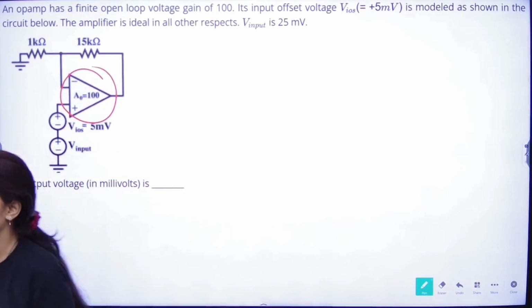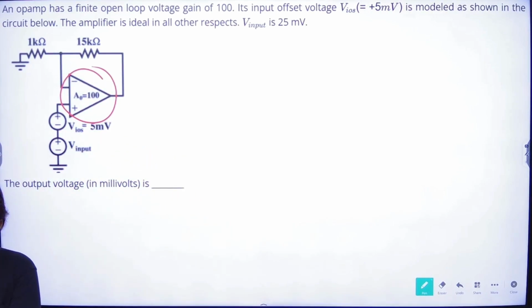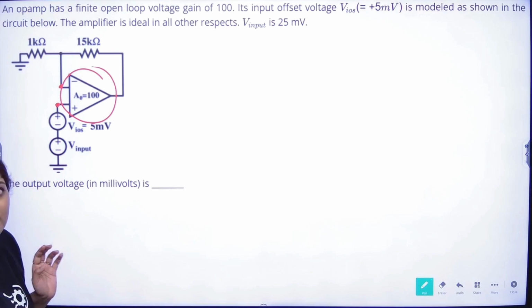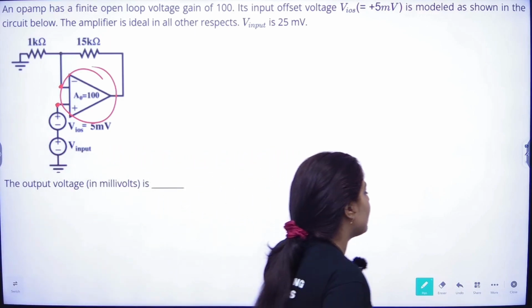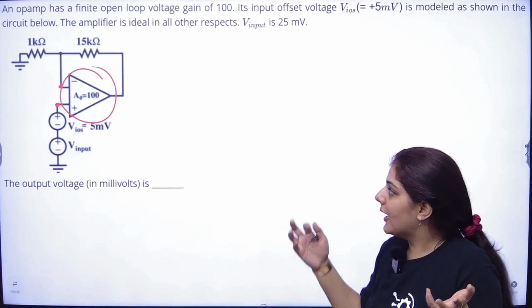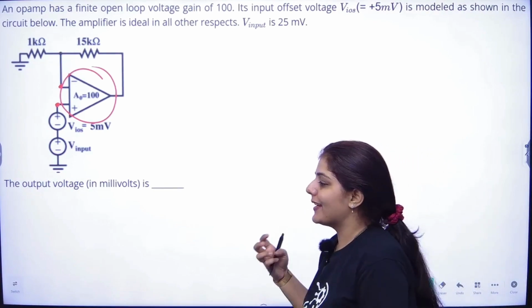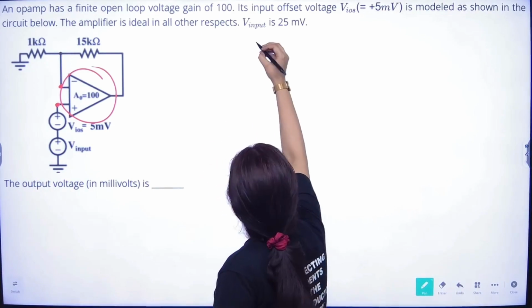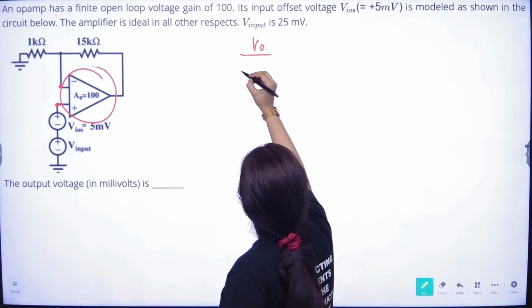So in such questions, when the op-amp is not given as an ideal op-amp, because an ideal op-amp has infinite gain, how do we solve such questions? In these questions, you cannot assume that the voltage here is equal to the voltage here, because there is a concept of common ground in op-amp when it is given as ideal.